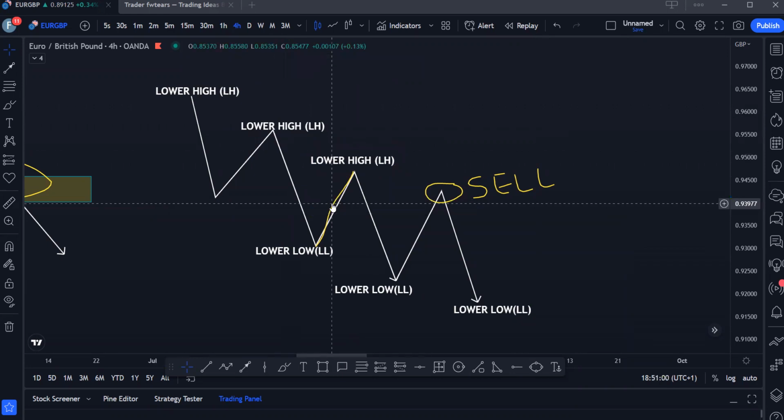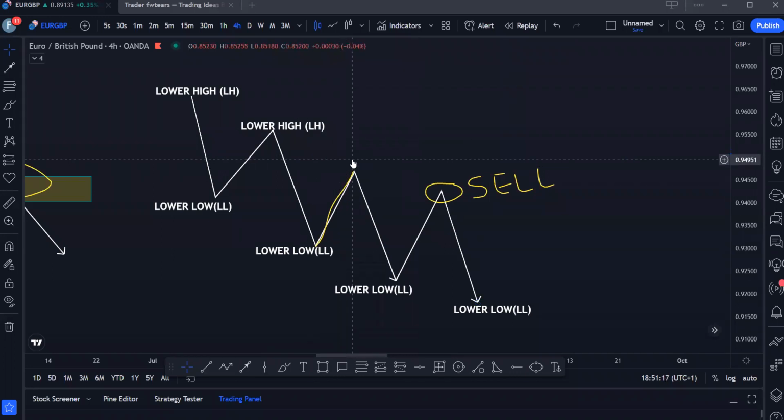So, very, very simple answer to that. In a downtrend, you want to sell at a resistance. So your lower high is going to be congruent or in tandem with a resistance zone.